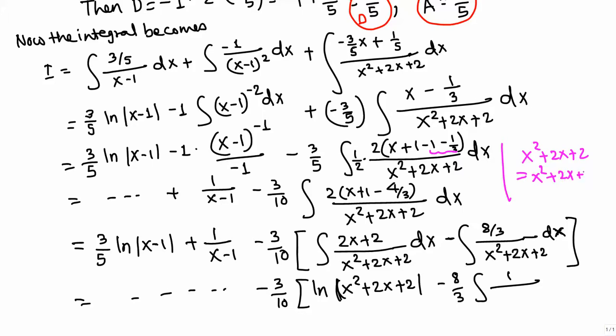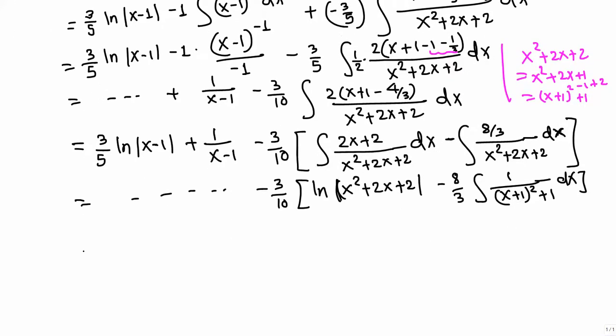So we need to add 1 and subtract 1, and we have plus 2. X squared plus 2x plus 1. From these three terms we get x plus 1 quantity squared, and minus 1 plus 2 is plus 1. In fact, x squared plus 2x plus 2 can be written as x plus 1 quantity squared plus 1 and dx. Okay, last step, we find the antiderivative here and we are done.